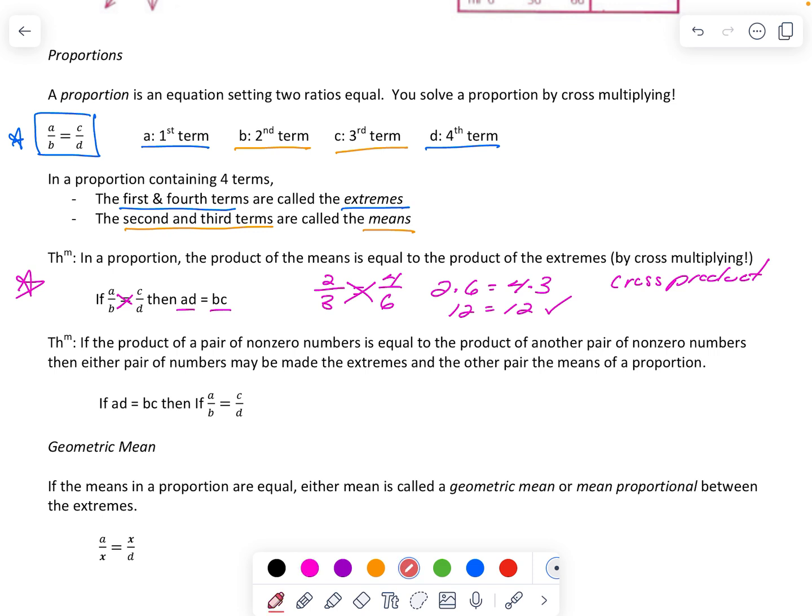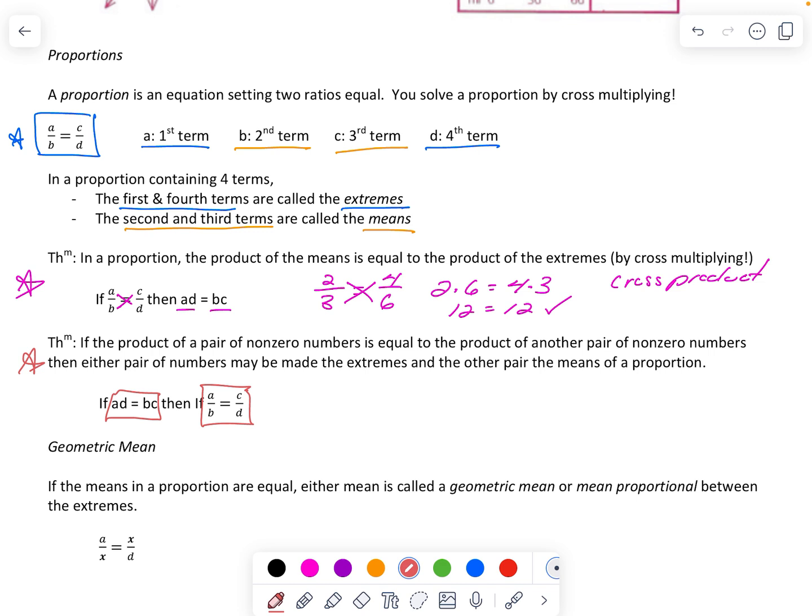Next, we have: if the product of a pair of non-zero numbers is equal to the product of another pair of non-zero numbers, then either pair of numbers may be made the extremes and the other pair the means of a proportion. In other words, if you have something that looks like this, you can always write it to look like this.